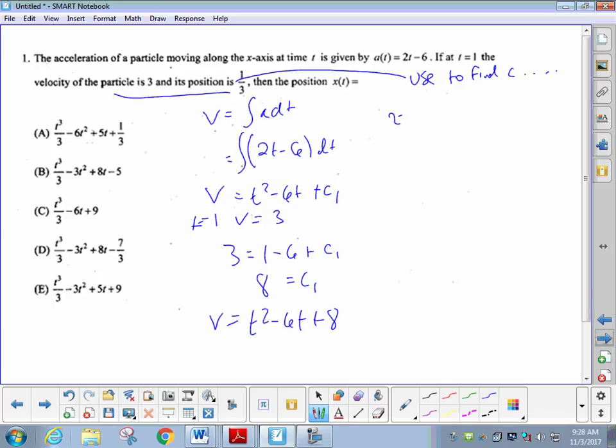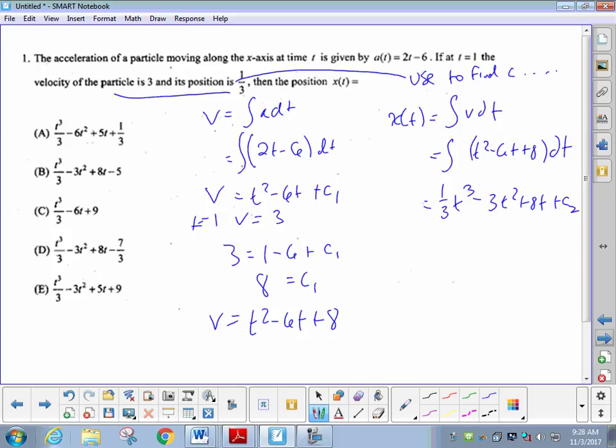Now the position. It's the antiderivative of velocity. Antiderivative of t squared minus 6t plus 8 is 1/3 t cubed minus 3t squared plus 8t plus a new constant. You need a time and an x to put in.